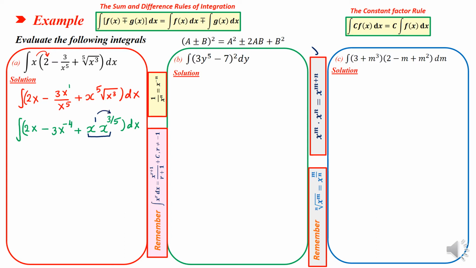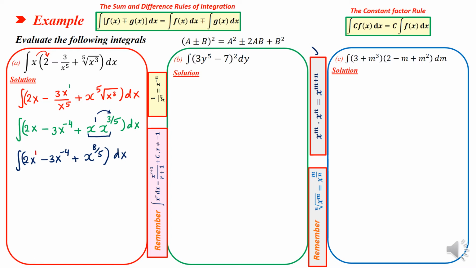So you have to add this exponent and you'll get the integration of 2x minus 3x to the negative 4 plus x to the power 1 plus 3 over 5, which gives us 8 over 5, dx.